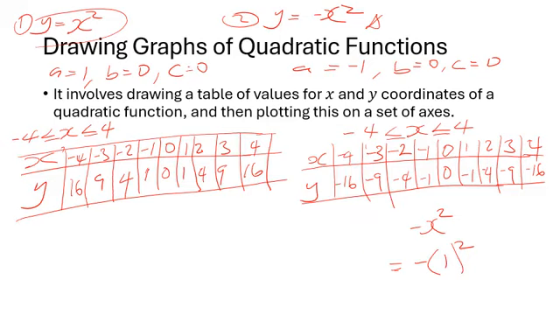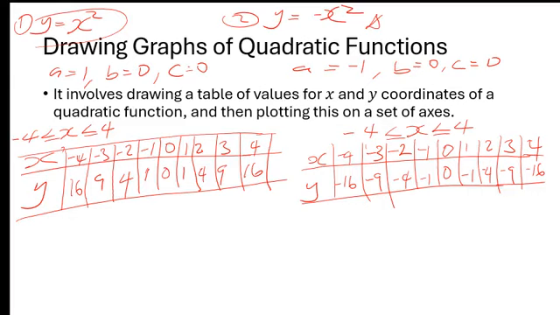So let's make use of this table of values and try to plot these two functions, y is equal to x squared and y is equal to minus x squared. Let's see how they look, and we'll comment on a few things.